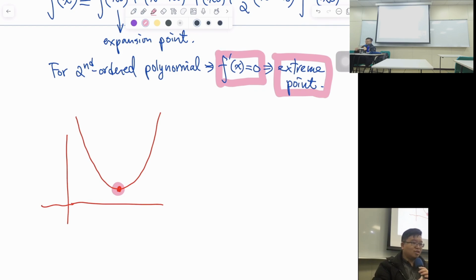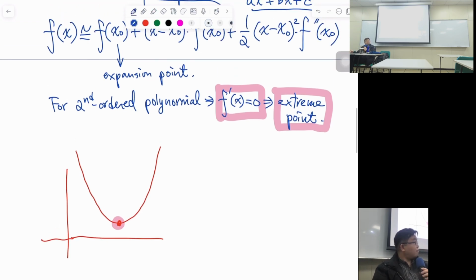I guess many mathematicians knew about this, but this method was called Newton's method because he taught us how to do it in an iterative way. I will show you how to do it in an iterative way. So then let me continue to take a first order derivative.